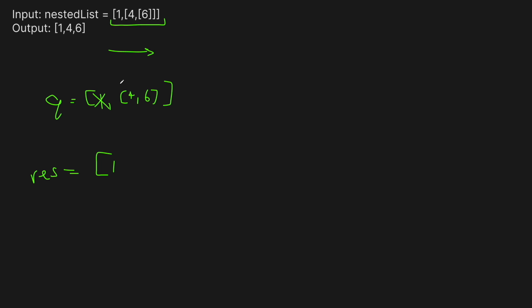Now we go to the next item, the list 4 and 6. So what we need to do is actually process these items. But how do we do this? If this is a list, then what we need to do is get the items inside the list and add them back into our queue. So when we pop from the queue, we get this list 4 and 6.